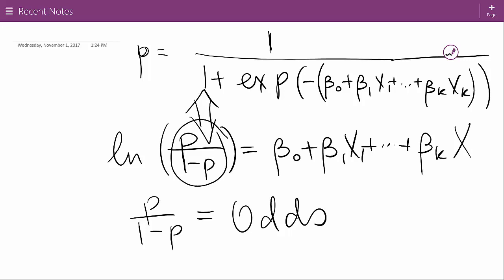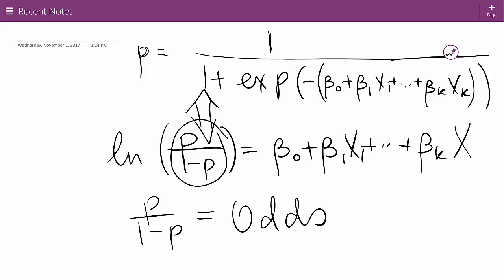So there is a 1-to-1 correspondence. Odds and probabilities are just different language to describe the same phenomenon, right? And probabilities and odds move in the same direction. If the probability is getting higher, the odds are getting higher. If the probability is getting lower, the odds are getting lower, okay? So these are just two different languages to express the same idea.